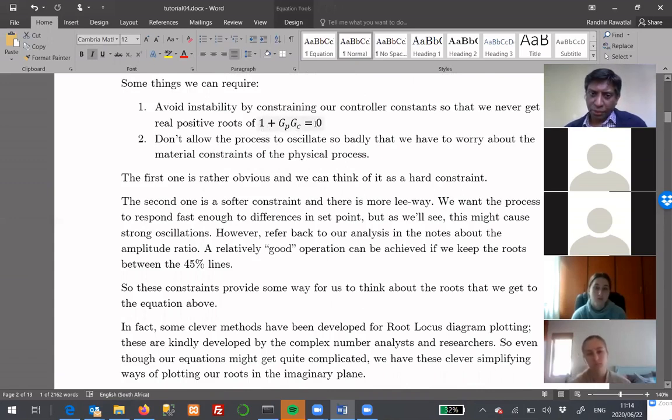So the solutions to this, in other words, the S values, remember behind GP and GC, it's a function of S. So there will be some set of S values that cause this equation to be true, right? So the roots of this equation are going to be the time constants of our time domain solution. And so by looking at those constants, we can figure out whether we are going unstable or getting oscillations and so on.